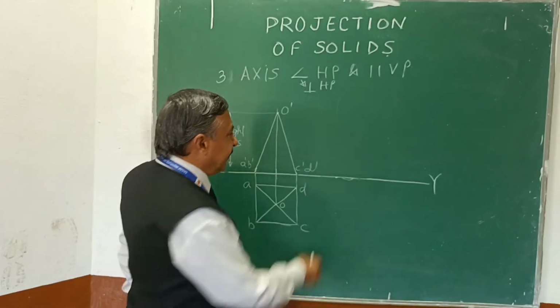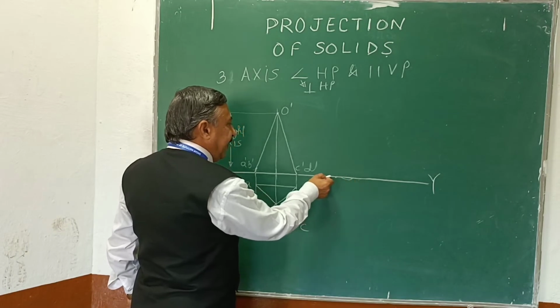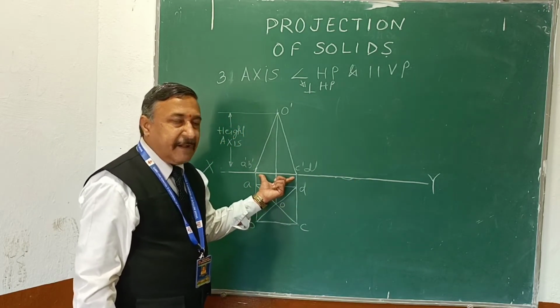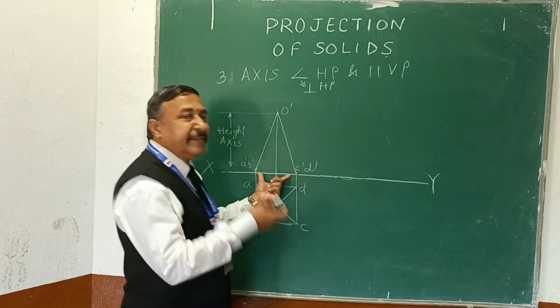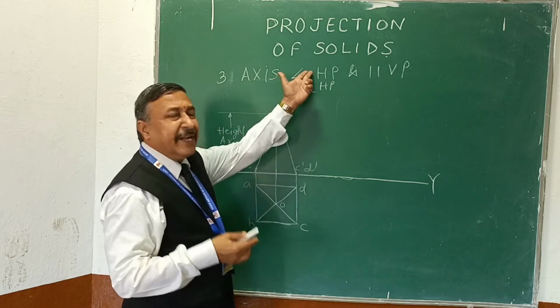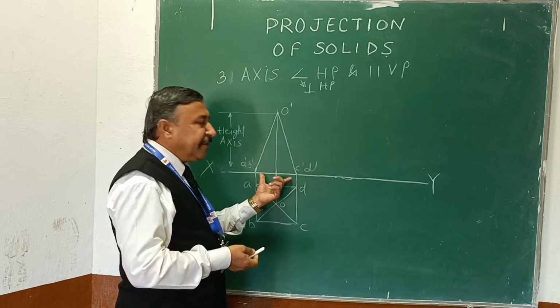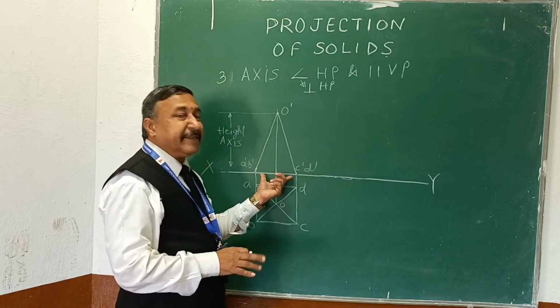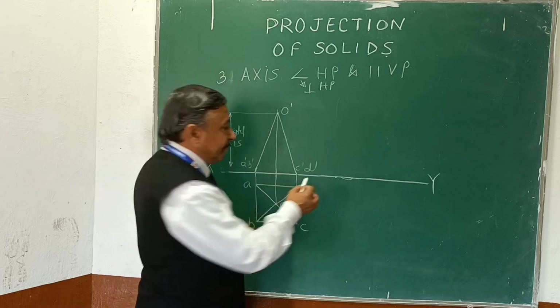From this point we start, so we incline this base 90 minus theta. If the angle is 45 degree, 90 minus 45 is again 45, so we incline this base 45 degree.